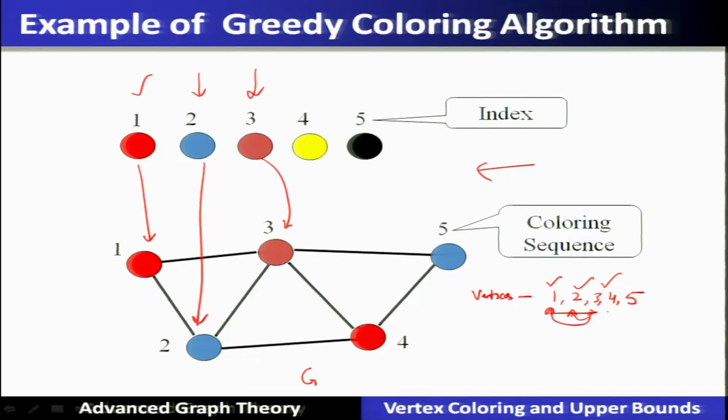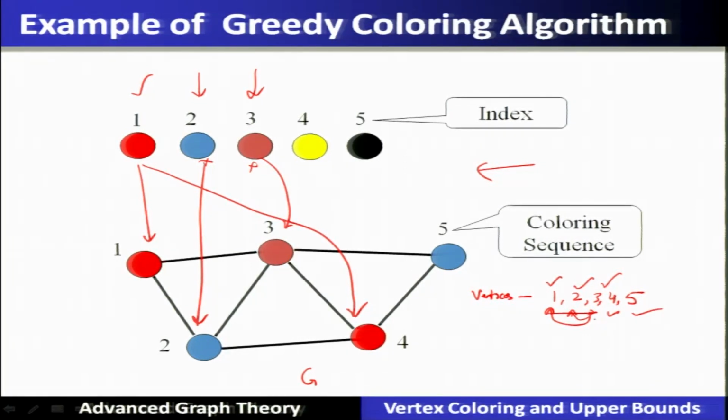Now, coming to vertex number 4. The neighbors of 4 who have used the colors earlier are 3 and 2. So, 3 cannot be used and 2 cannot be used. So, the smallest index color which is available is 1. So, 1 will be assigned to this particular vertex.